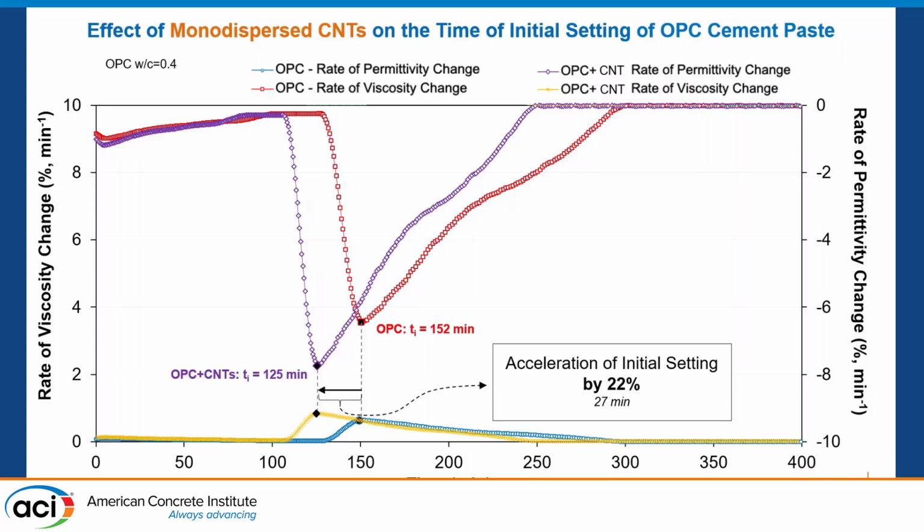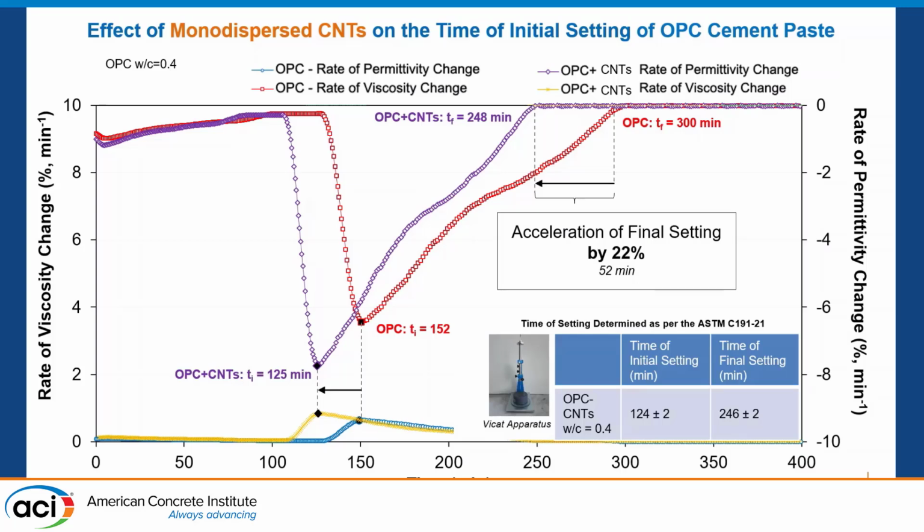First of all, we identify again that the permittivity change can be used to identify a single point in time of 125 minutes, while the viscosity is very low.